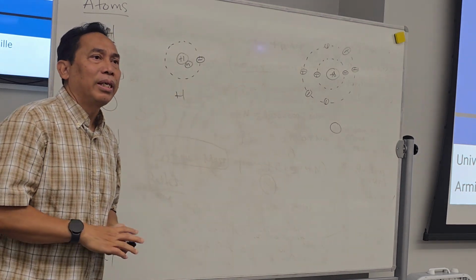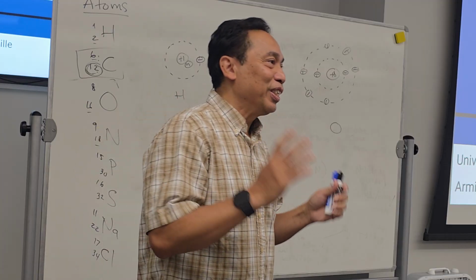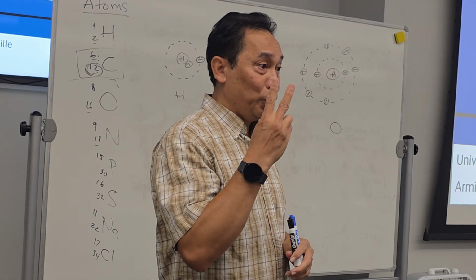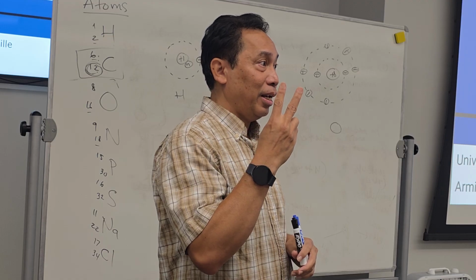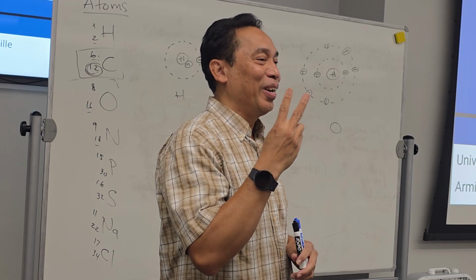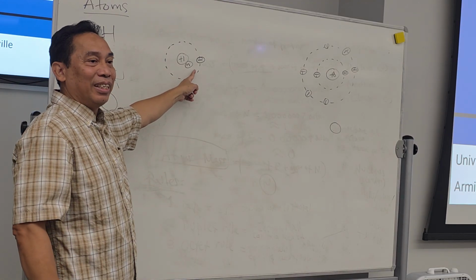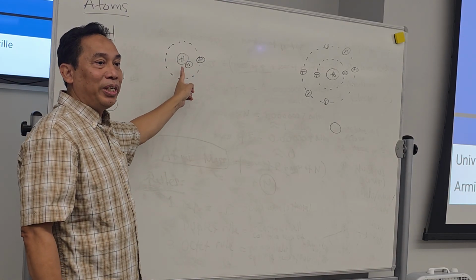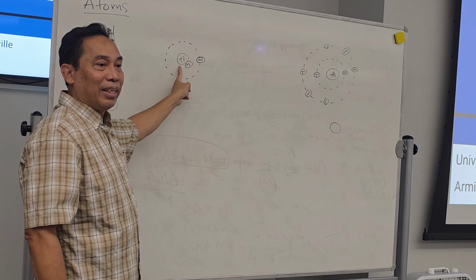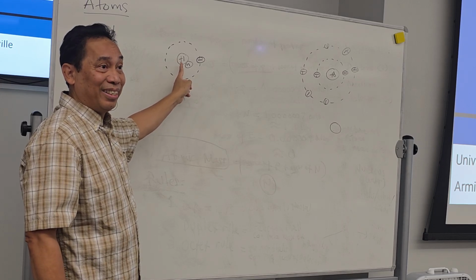What did the first rule say? 2 electrons, right? Look at the hydrogen over here. How many electrons? 1. Is it 2 yet? No, right? It's only 1.